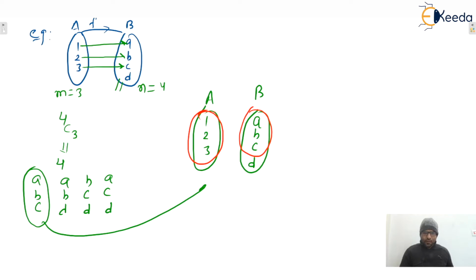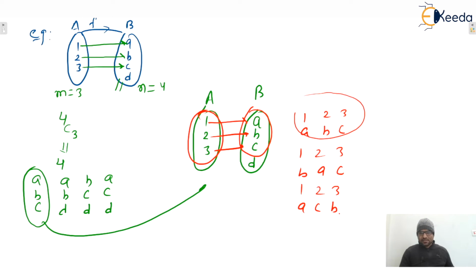Yes. For example, one function will be this one: 1, 2, 3 is mapped with ABC. Yes or no? Next one, 1, 2, 3 is mapped with BAC, isn't it? Next one, 1, 2, 3 will be mapped with ACB. Yes or no?